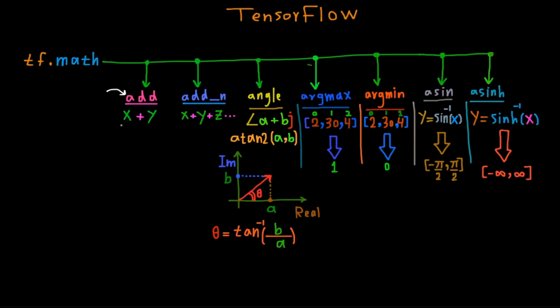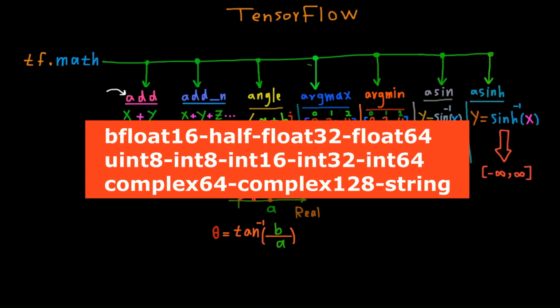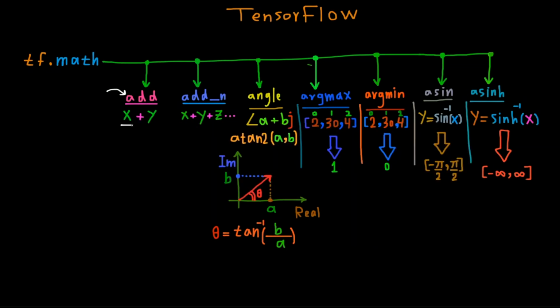This function has two arguments. First argument is x, which is a tensor that must be one of the following types: float 16, half, float 32, float 64, and signed integer 8, integer 16, integer 32, integer 64, complex 64, complex 128, and string.